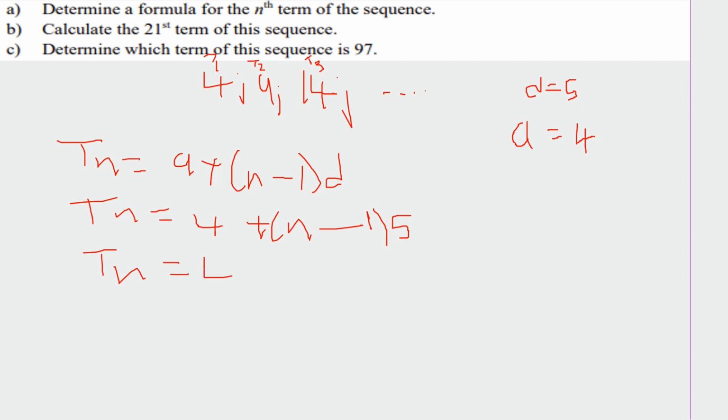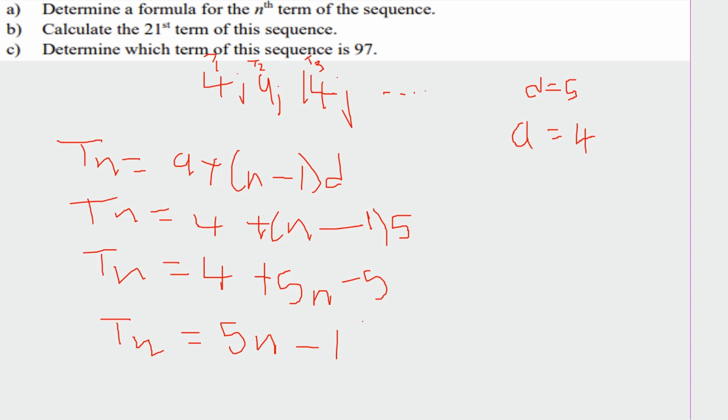You see we have 4. Then when we simplify here, we're going to see 5 multiplied by n, which is going to give us 5n. Then we're also going to say 5 multiplied by negative 1, which is going to be negative 5. And therefore, simplifying further, the equation of the general term will be 5n, and 4 minus 5 will be minus 1.